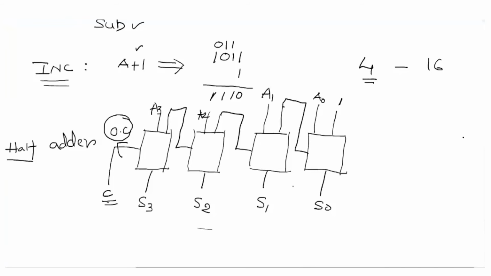But if it's an intermediate stage or the first stage, this carry will be the output carry to the next stage, and the next stage will receive this carry as an input carry. So that is all about an incrementing unit.